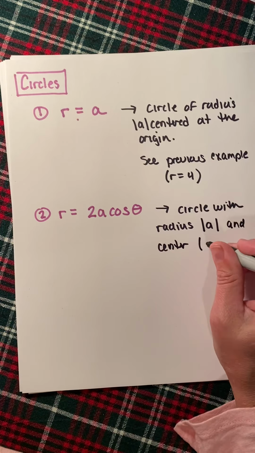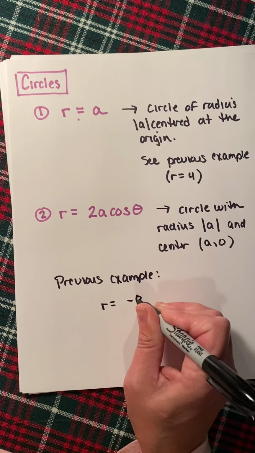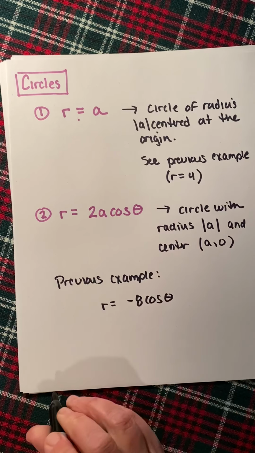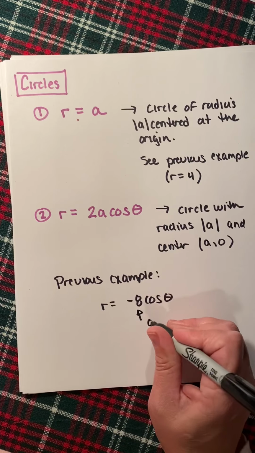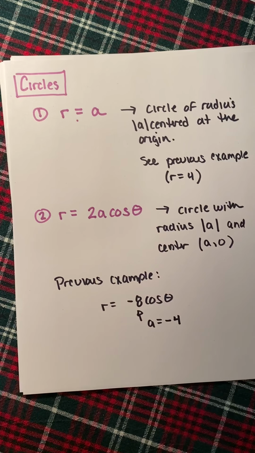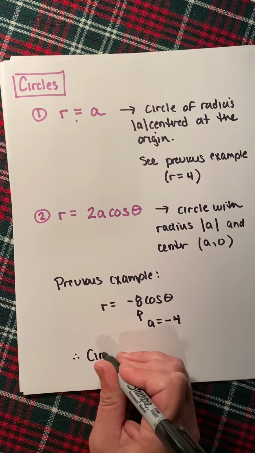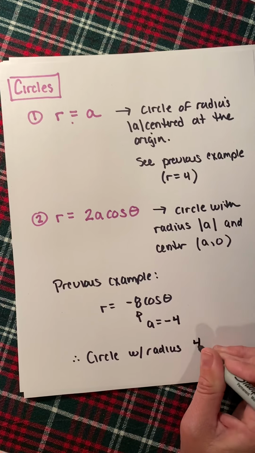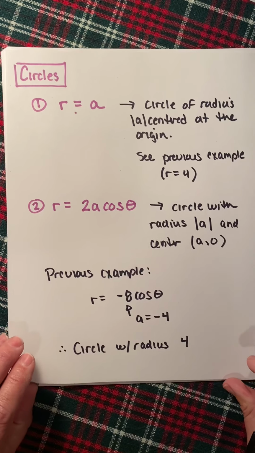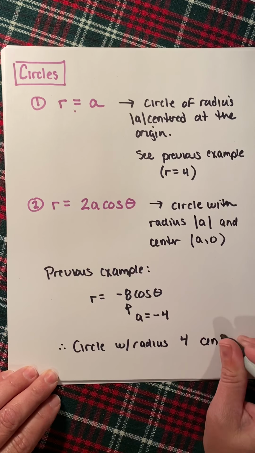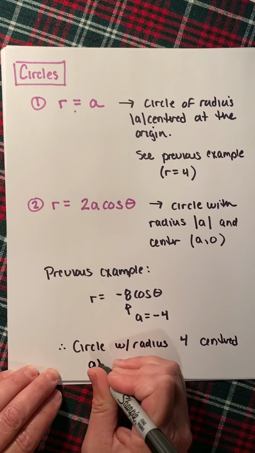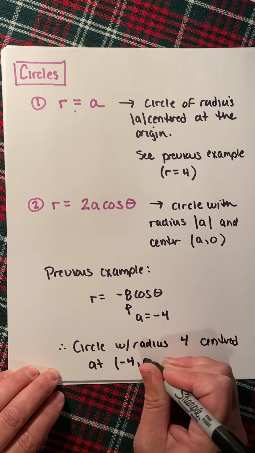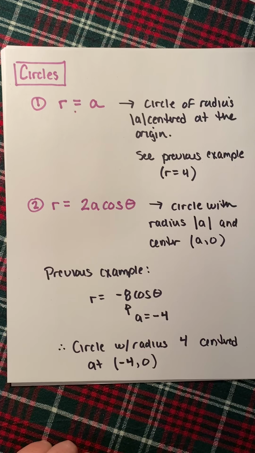So previous example again. We looked at r equals -8 cosine of theta just a couple minutes ago. So in this case, a would be -4. So therefore it is a circle with radius, remember, radius is always considered to be positive, radius 4, centered at the actual value of a, which was -4 on the x-axis.